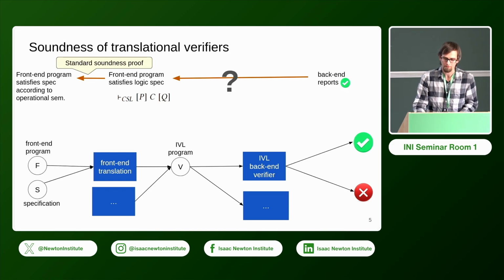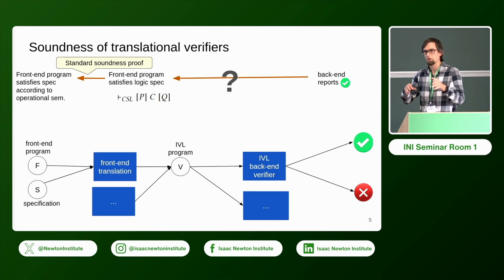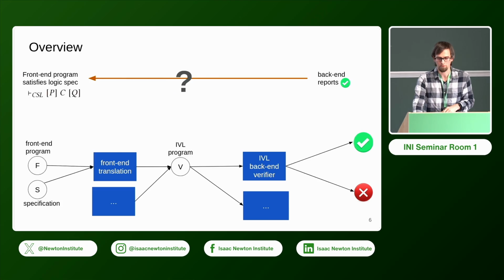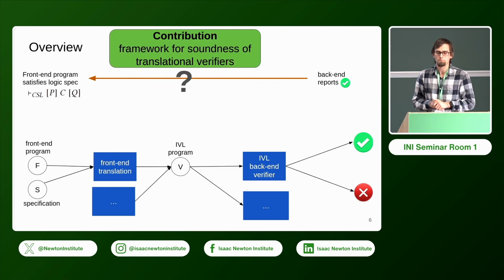But the interesting part is the second part: how can we, from the fact that the backend reports that the program is correct, obtain a proof inside the front-end program logic? This is what I'm going to focus on in this talk. In particular, the contribution of this work is a general framework for proving the soundness of translational verifiers, answering how you can construct a proof for the front-end program and connect it to the backend.